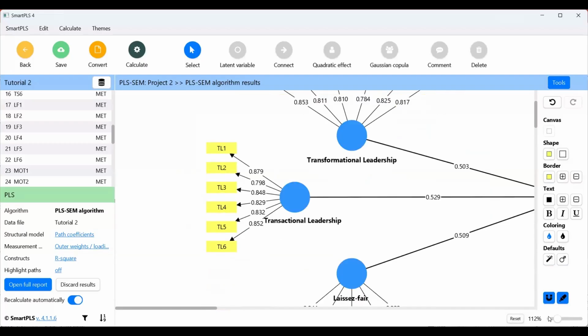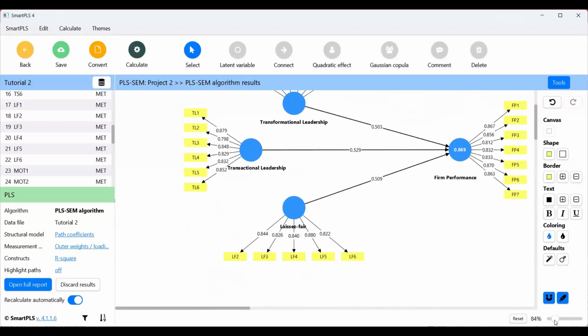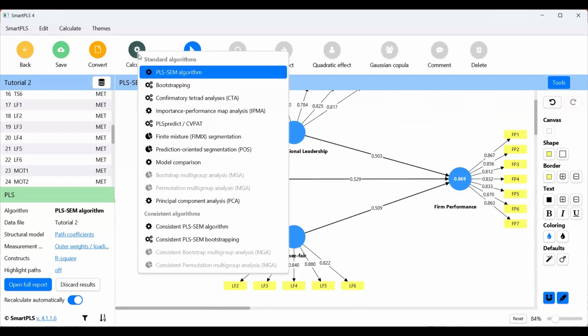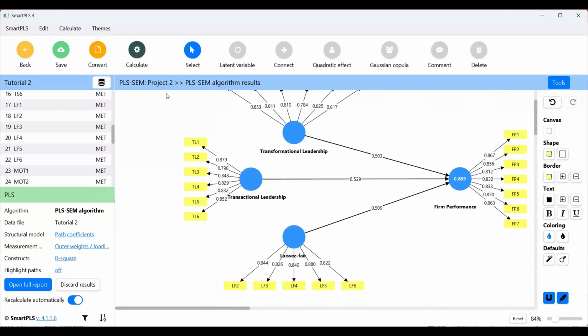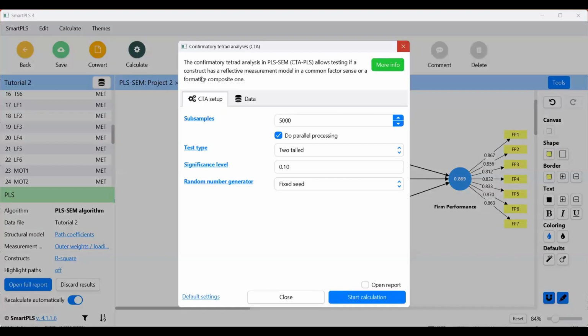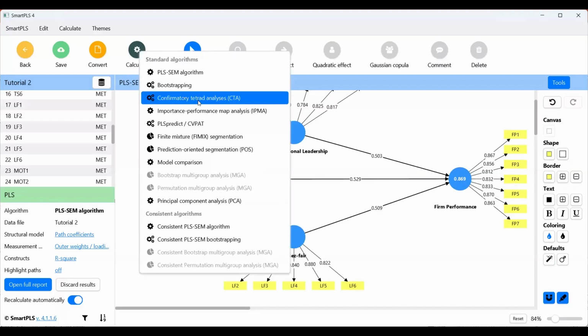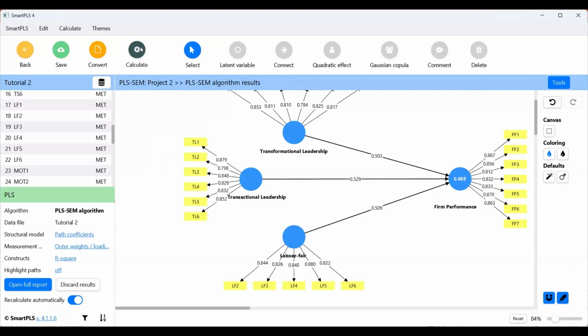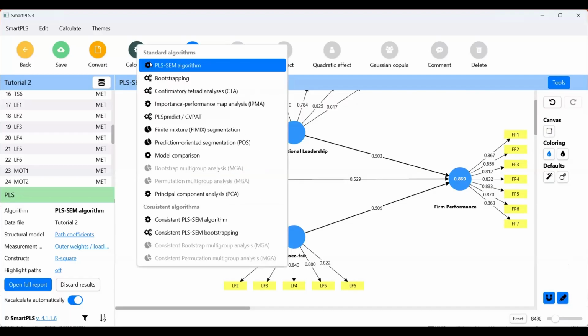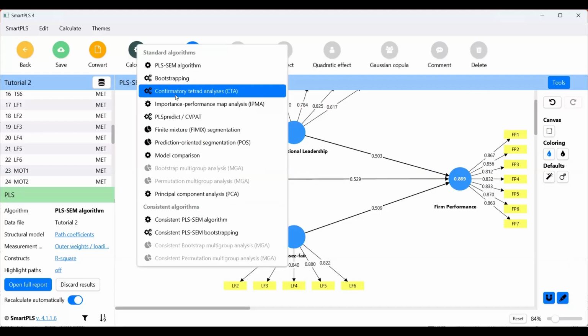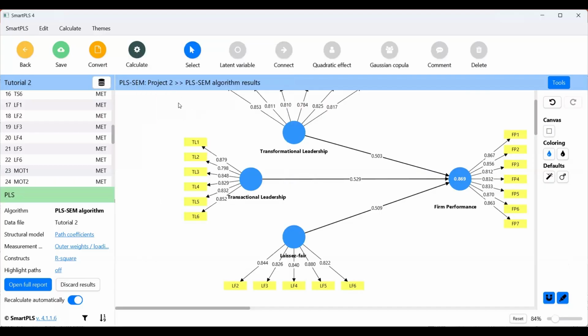So this is how we start. You can always start with reflective, but you can confirm whether your constructs are reflective or formative. So you go to calculate, and then you look for confirmatory tetrad analysis.